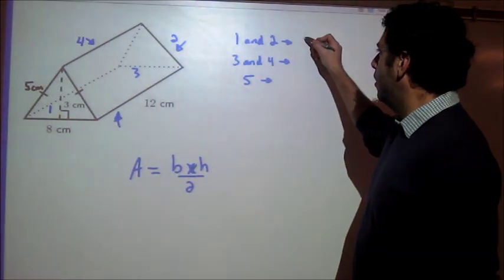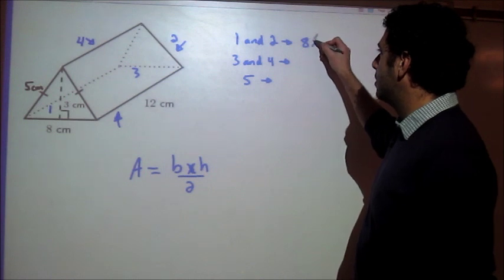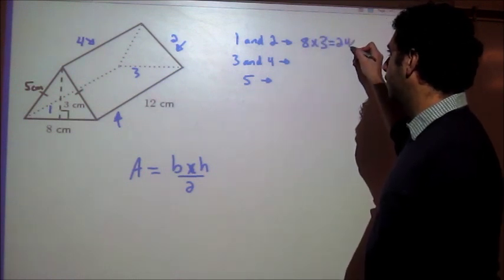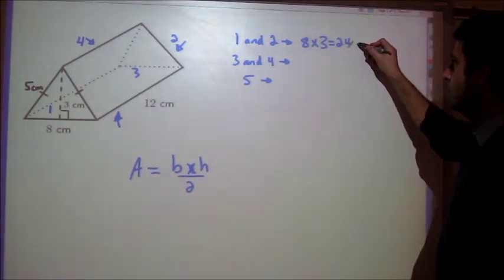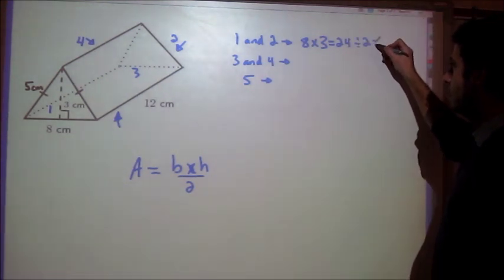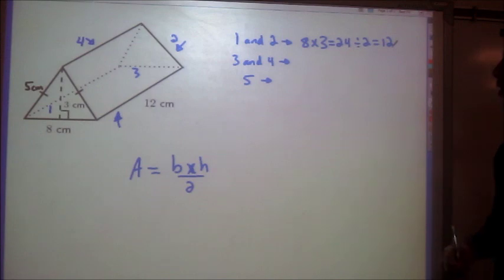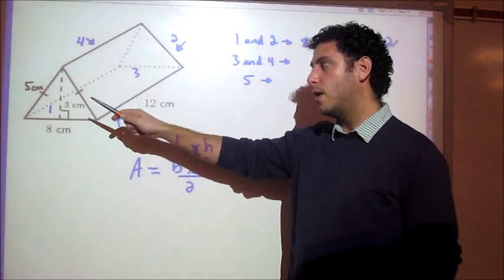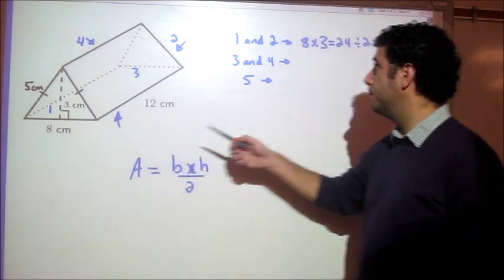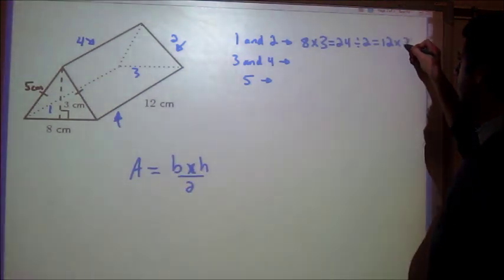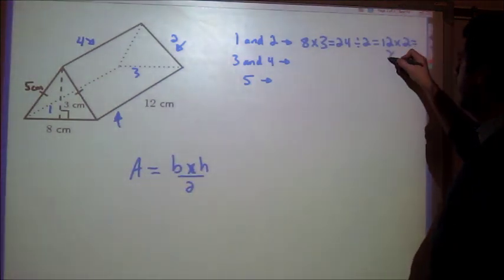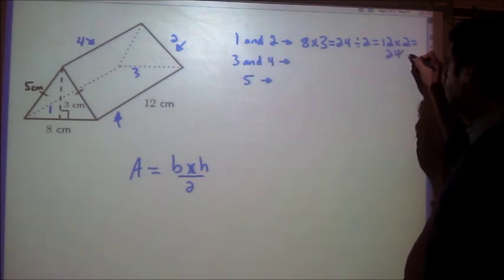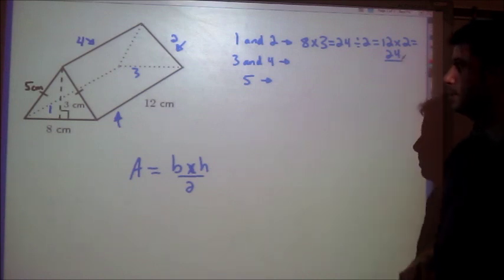So base times height would be 8 times 3, which is equal to 24. We're going to divide that by 2 to get 12. Now, 12 is the area of one of these triangles. So we're going to now multiply that by 2 to get the area of sides 1 and 2. So those would be 24 altogether.